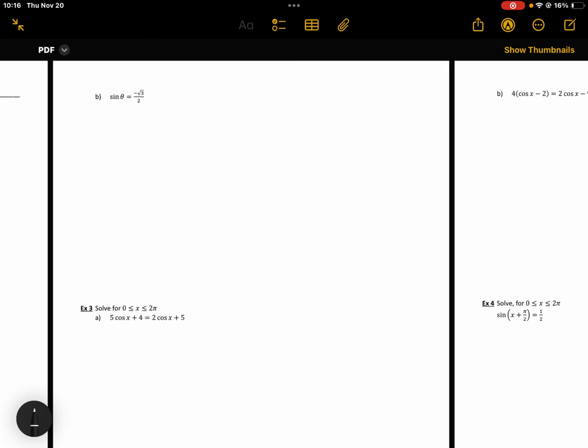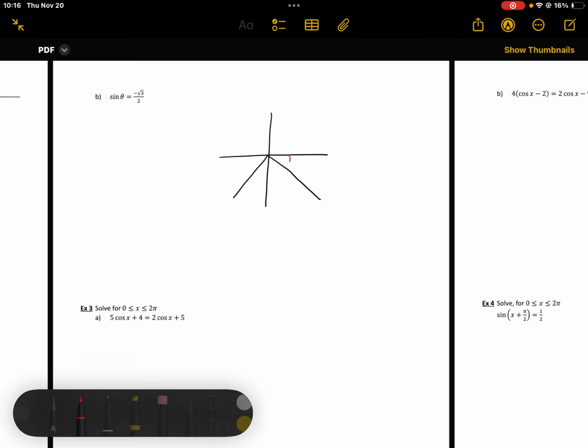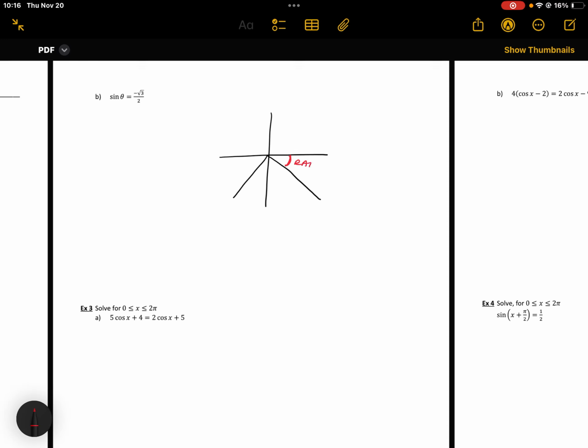So here I've got a negative value. So the first thing I'm going to do is find my possible locations. Sine is negative. That means I have a solution in the third quadrant and the fourth quadrant. Second thing that I'm going to do is find my related acute angle. My related acute angle is the inverse of the positive version.